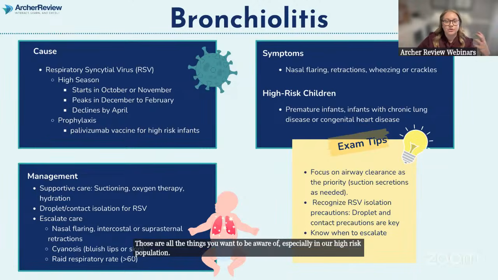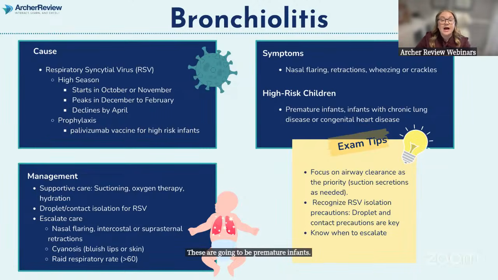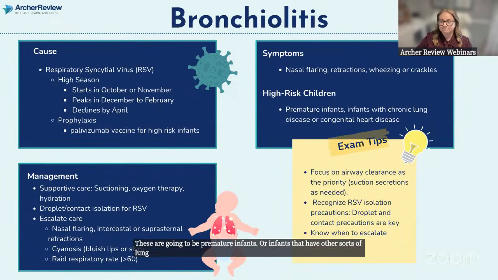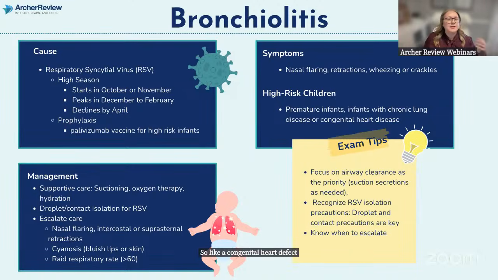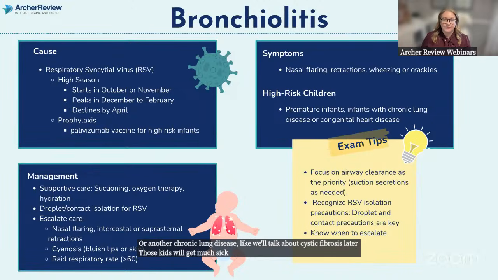Those are all the things you want to be aware of, especially in our high-risk population. These are going to be premature infants or infants that have other sorts of lung or heart disorders. So like a congenital heart defect, like perhaps a PDA or an ASD, or another chronic lung disease, like we'll talk about cystic fibrosis later. Those kids will get much sicker much faster.